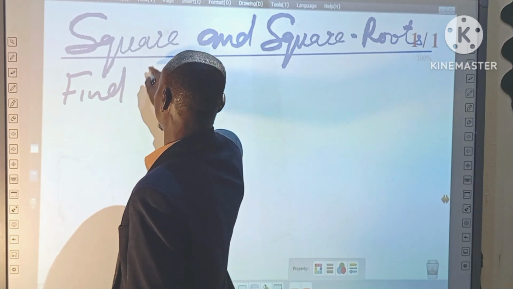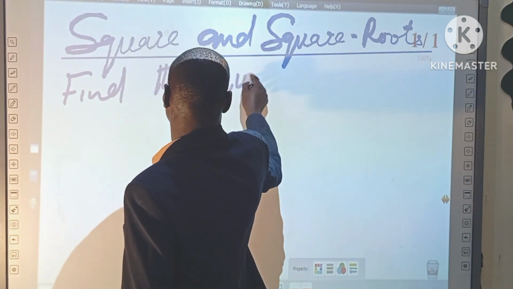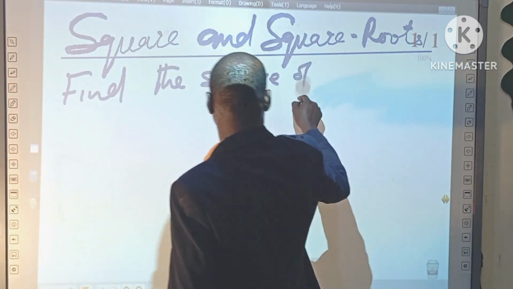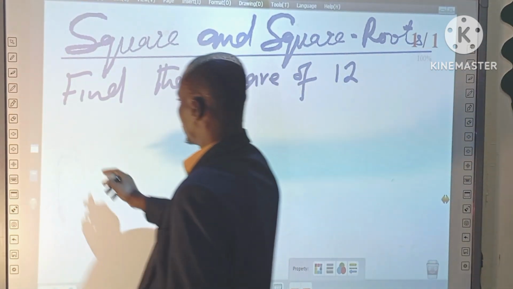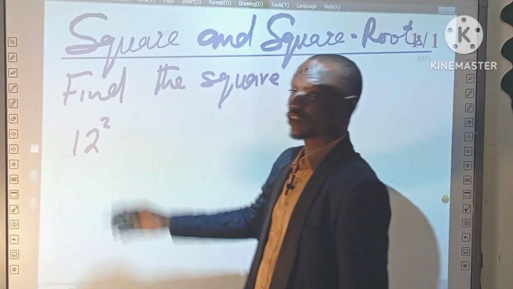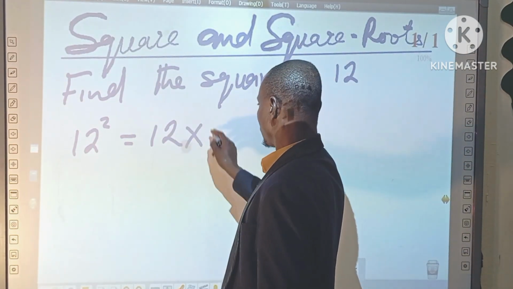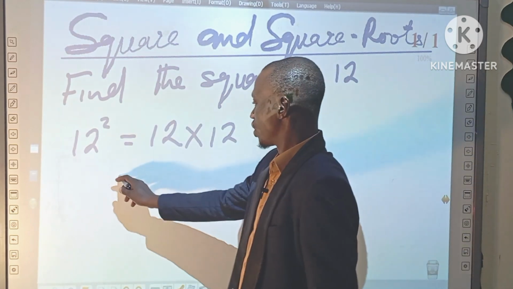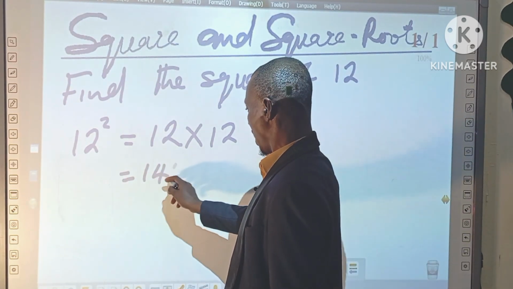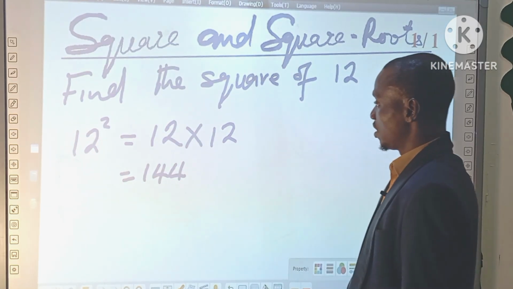Find the square of 12. This simply means 12 squared. It's actually written out like this, 12 squared, which will be equal to 12 times 12, which will give us 144. This is actually easy peasy.